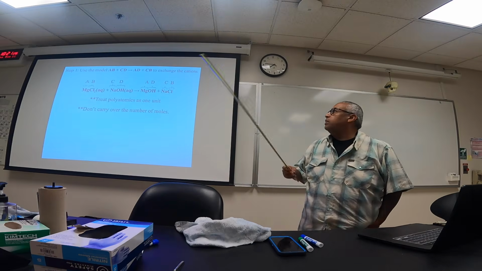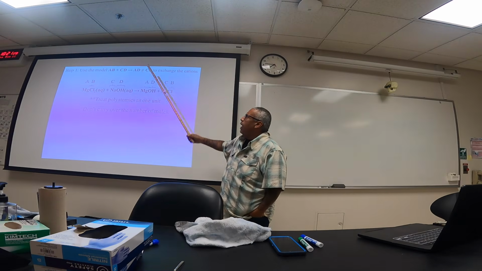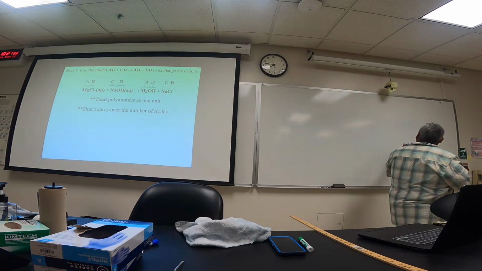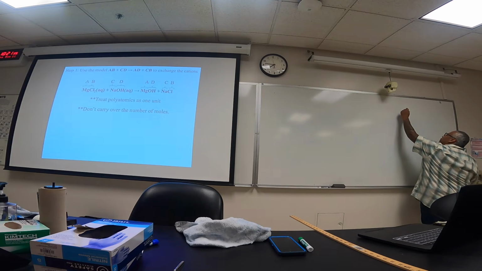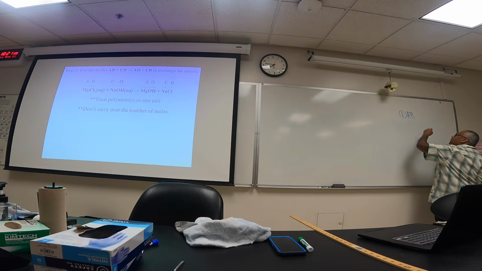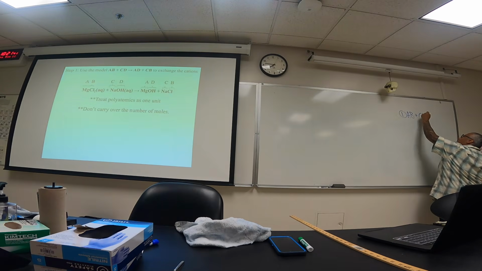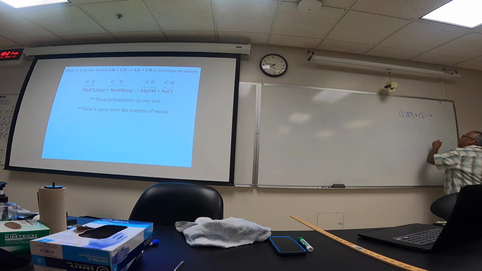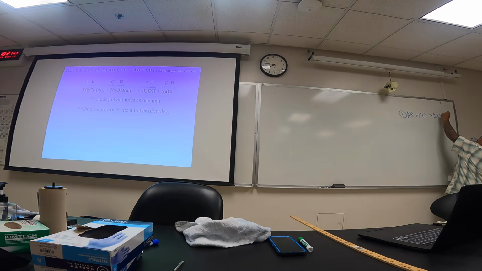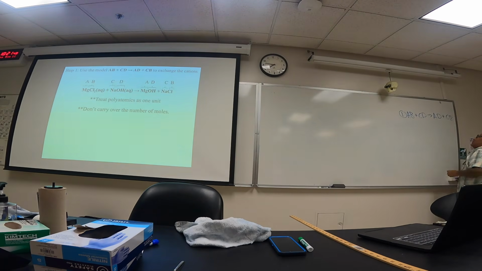So this is the model we're going to use: AB plus CD. I'm going to write these steps down here because we're definitely going to need them. Step 1 is that we're going to take reactant AB plus reactant CD, and we're going to make product AD and product CB.